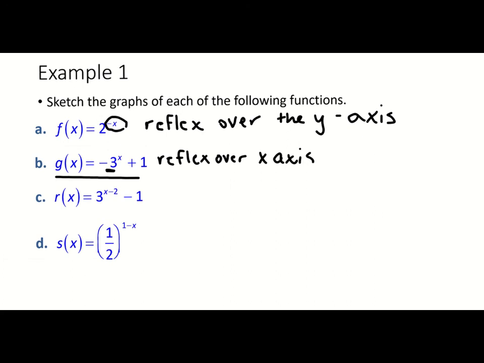All right, and then we have that plus 1, and it's not with the x value up here, it's outside of that. So remember, that is going to be your vertical shift on the y-axis. So it's going to be a vertical shift, and it's plus 1, so we're going to have a vertical shift up 1.